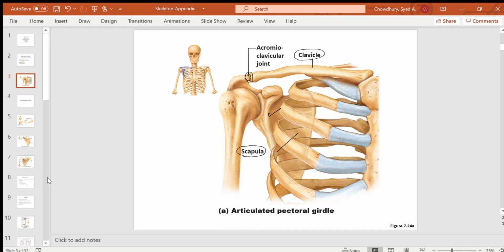So you have two pectoral girdles, and the upper limb joins the pectoral girdle here at the shoulder joint. First, we'll talk about the bones of the pectoral girdle.